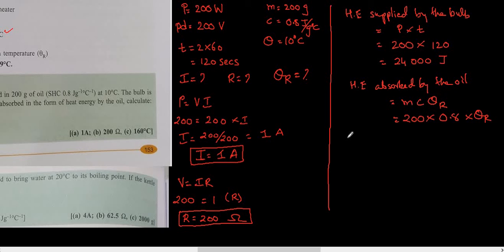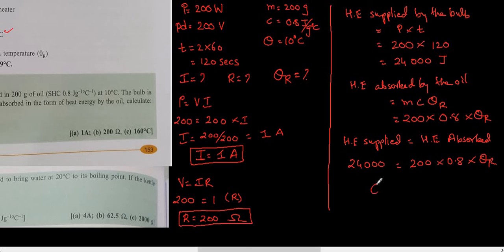So now heat supplied is equal to heat energy absorbed. So here it is 24000 is equal to 200 multiplied by 0.8 multiplied by theta R. So now theta R is equal to 24 multiplied by 1000 upon 200 multiplied by 8, and here the 0.0 will go up, so it becomes 10.